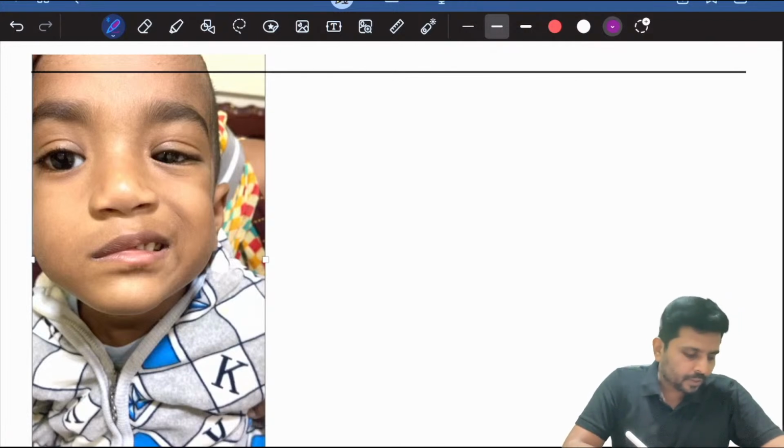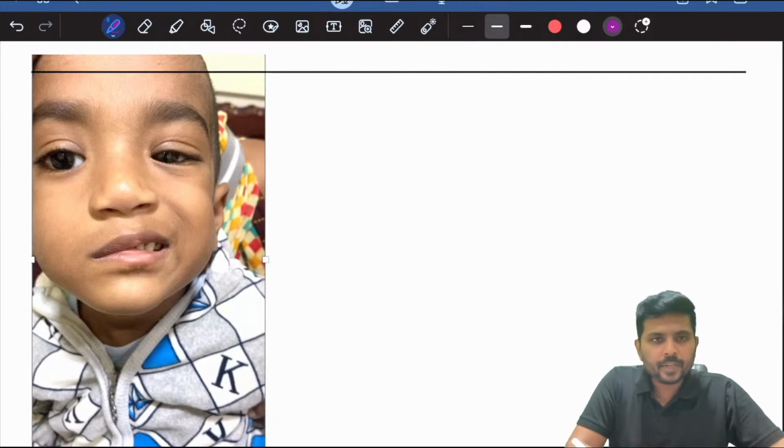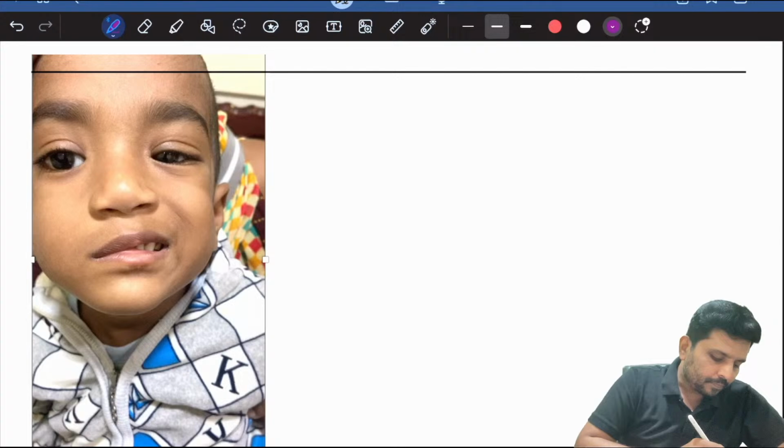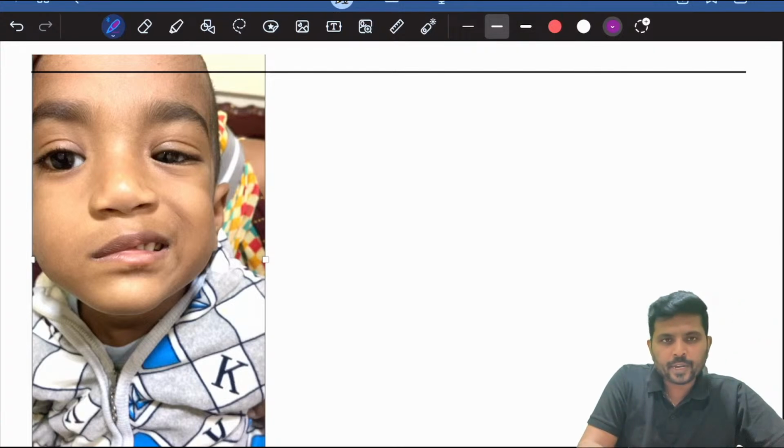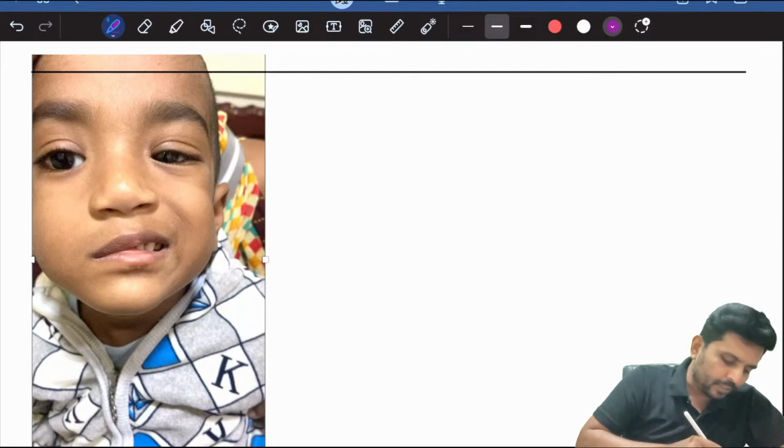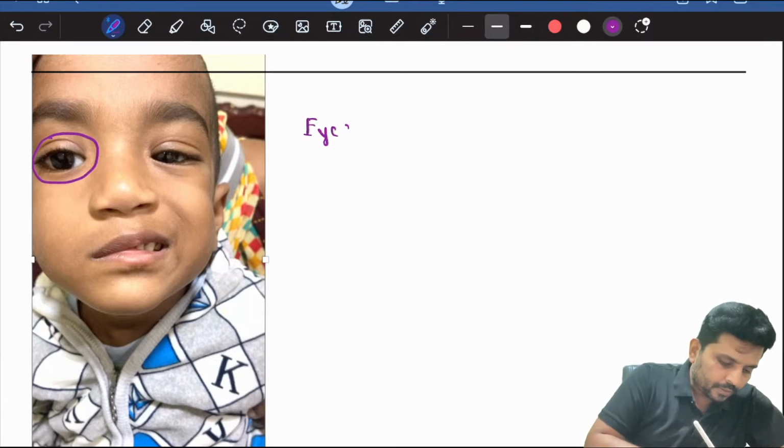Look at this. What is this? Very easy, you can tell the answer. The eyes cannot close on the right side.